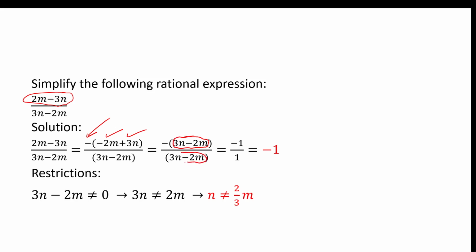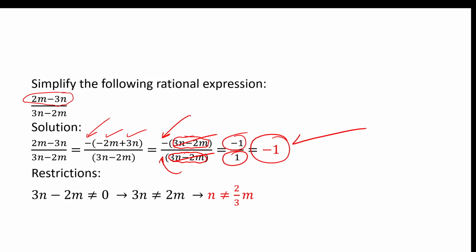Well, at that point, we say that's a factor of both numerator and denominator, so we can cross those factors out. And we're literally left with negative 1 up top, positive 1 down below. Negative 1 over 1 is negative 1. And so our final answer is negative 1. Now, we then go to state our restriction.